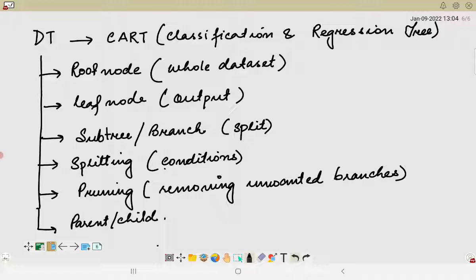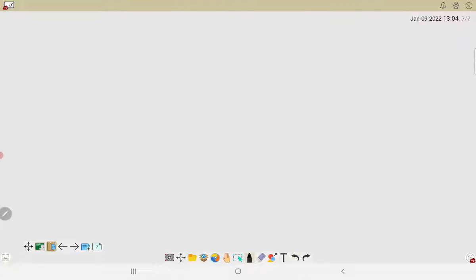Now the next important point that we will be discussing is how the decision tree algorithm works. There is definitely an algorithm associated with it, and if we look into this, we will be very much surprised to see that it has a very simple logic. For predicting the class of a given data set, the algorithm starts from the root node of the tree.